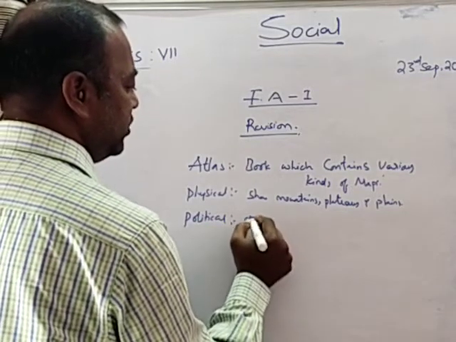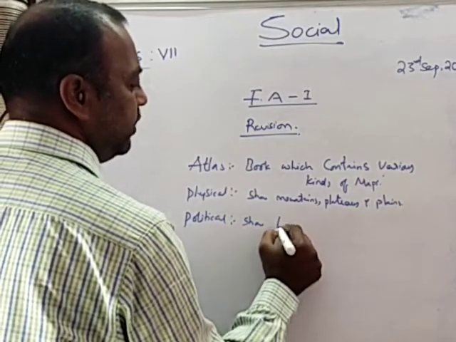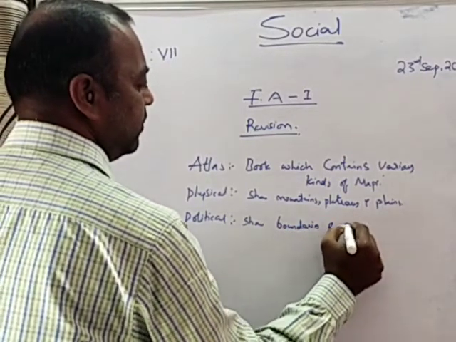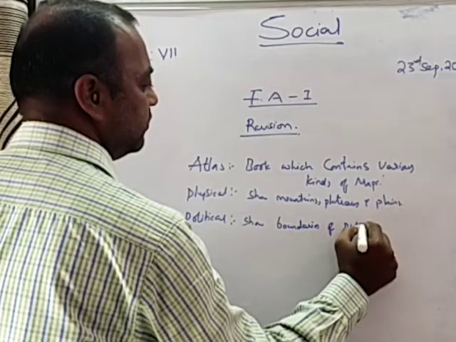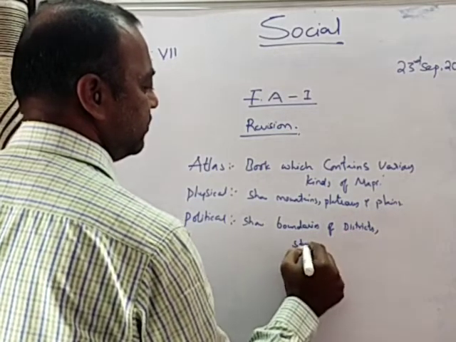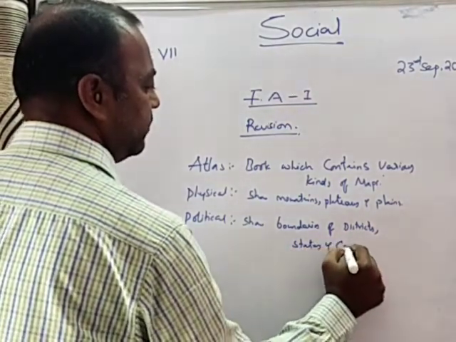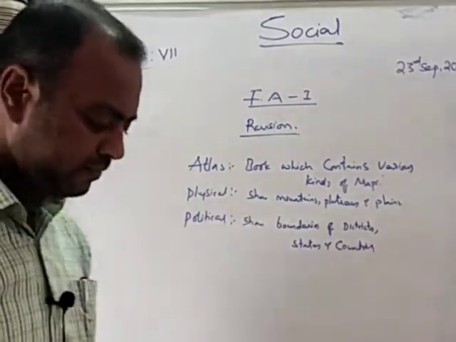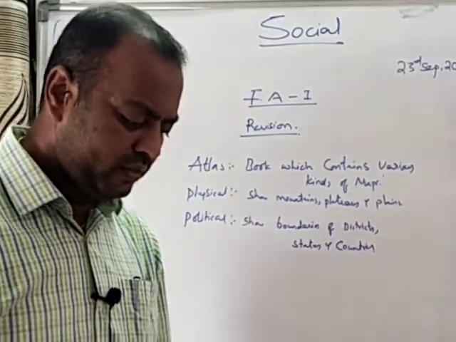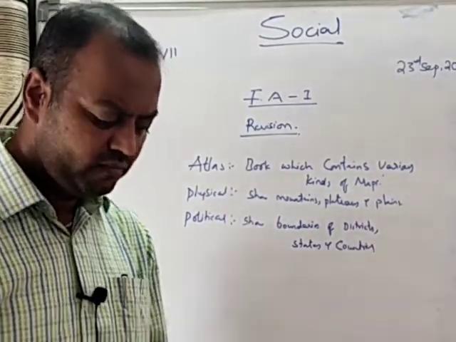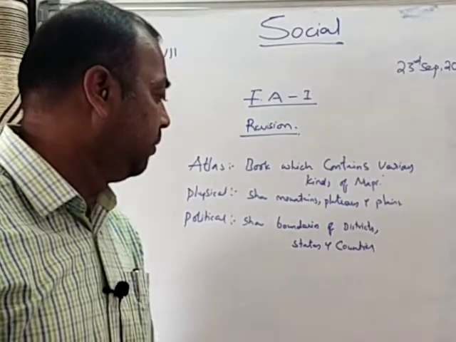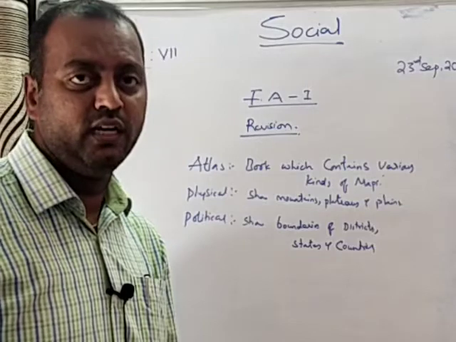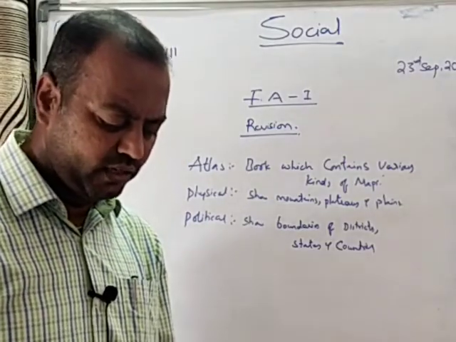Whereas the political maps will show you the boundaries of states, districts and countries. These are called political maps. So the map that shows the mountains, plateaus and plains is called a physical map. The map which shows the boundaries is called a political map.